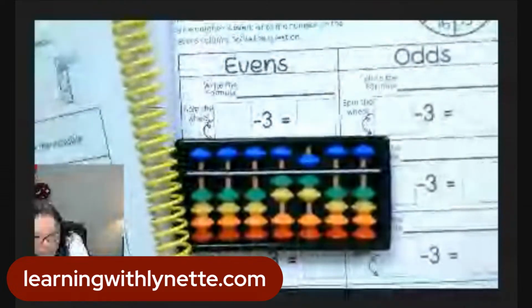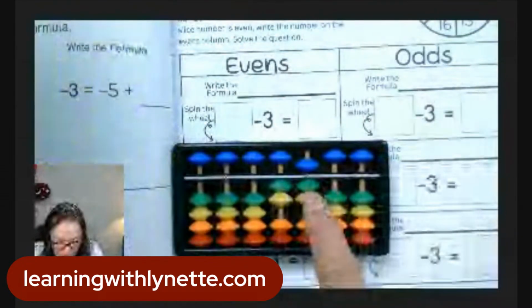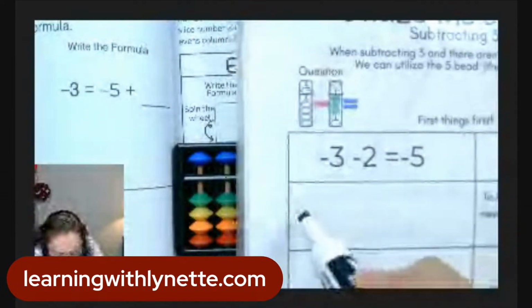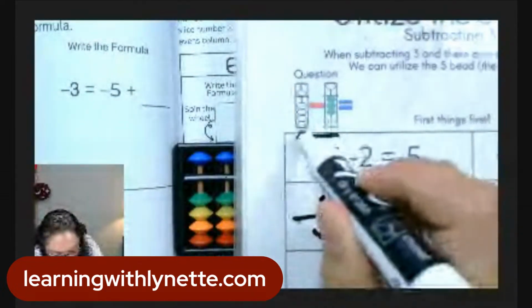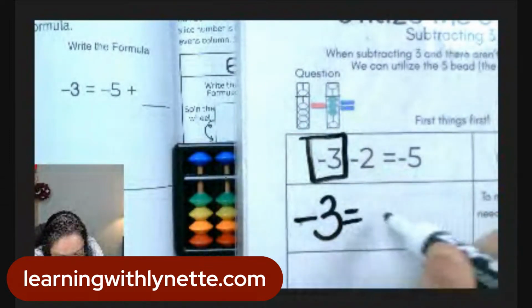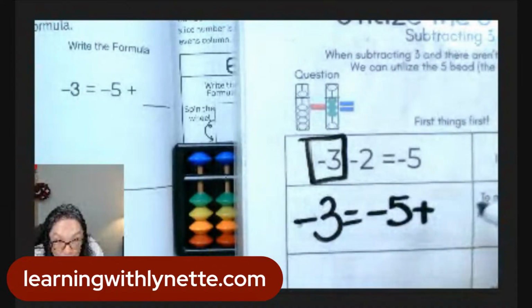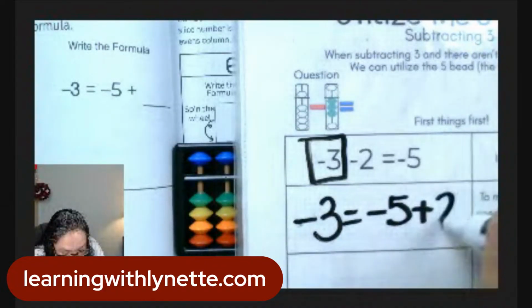How do I take away the 3? So I'm going to minus the 3. I'm going to isolate this variable, right? Is equal to minus the 5 plus, thank you, Laura, plus the 2.